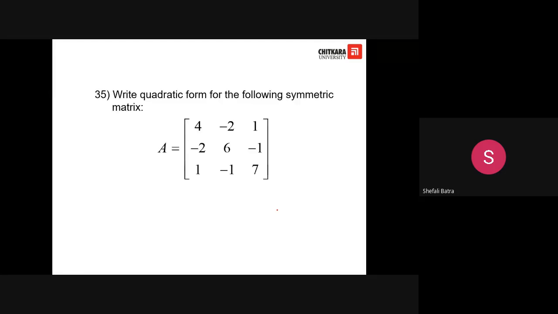Now, next, write the quadratic form for the following symmetric matrix. Do it, hurry up. Yes, who will give the answer?